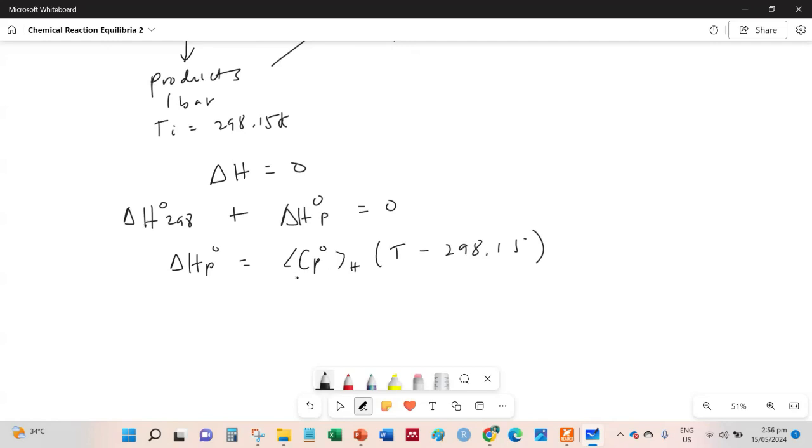So how do we get exactly the total mean heat capacity? It's equal to the summation of the number of moles, since our heat capacity is on a molar basis. So multiply the number of moles of each species by its mean heat capacity.